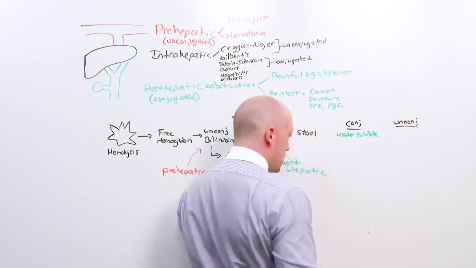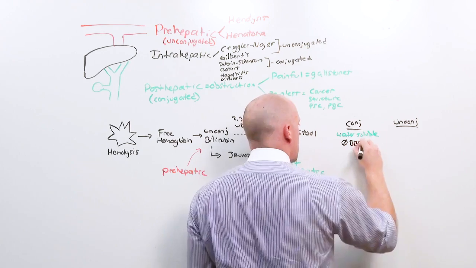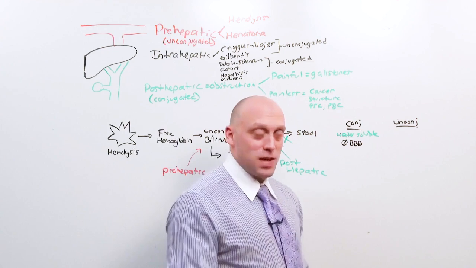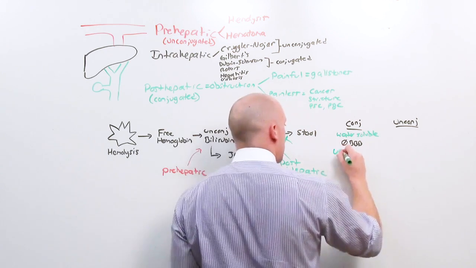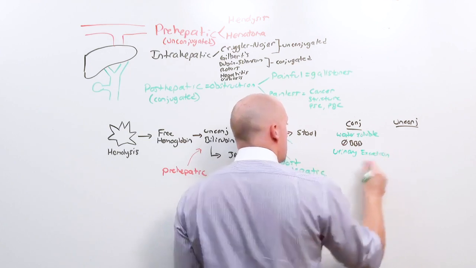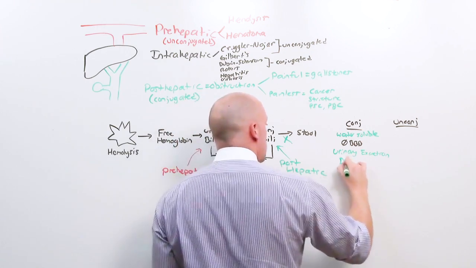Because it's water soluble, it cannot cross the blood-brain barrier. But also when it is excreted into the urine, it's stuck in the urine. It can't pass through a lipid membrane. So it does have urinary excretion, and if there's a bunch of pigment, the bilirubin in the urine is going to be dark.